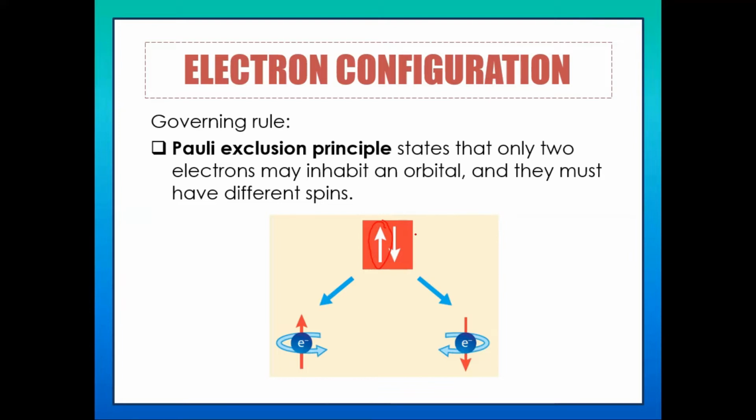Electrons are said to be paired if they are found in an orbital with opposite spins, and unpaired if only a single electron occupies an orbital. That will be further intensified later as I give you examples. But what I want you to remember in the Pauli exclusion principle is that an orbital can only inhabit two electrons with different spins, one upward and the other downward, as represented by an arrow.